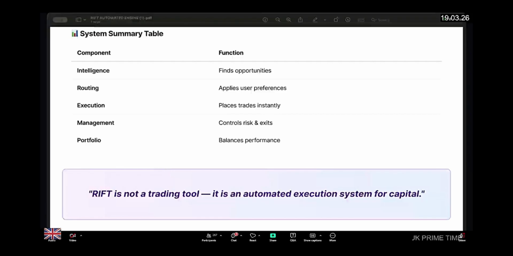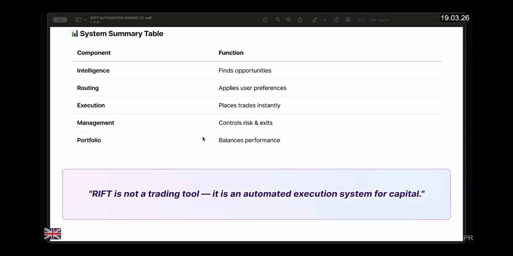Let me also give you the variants. There are three different automated trading engine versions that we will present: microflow, smart flow, and alpha flow. The risk profile will be different in these variants. The capital level, please ignore it, because there will be no minimum and no maximum level of capital that you can enter.